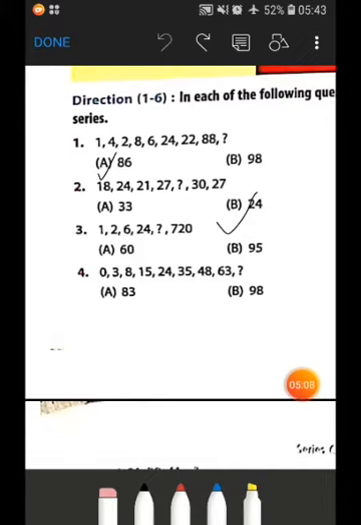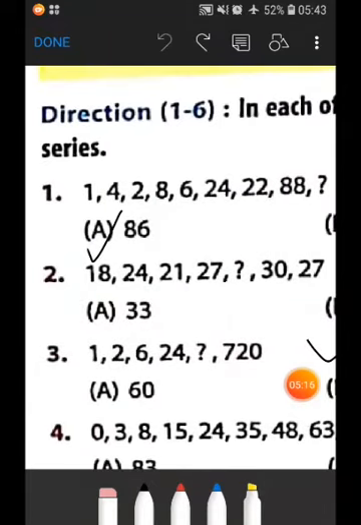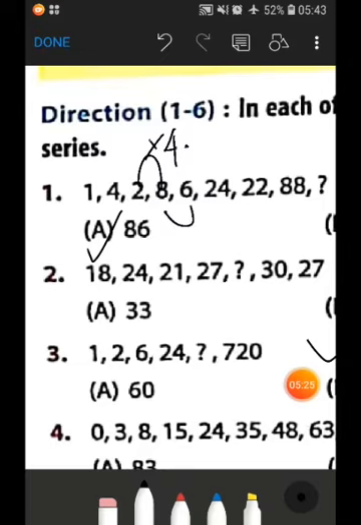Now very clearly you can see that first we are multiplying by 4, then we are subtracting 2 from 4. So we are getting 2 here. Now again we are multiplying by 4 and from 8 we are subtracting 2. So we are getting 6.